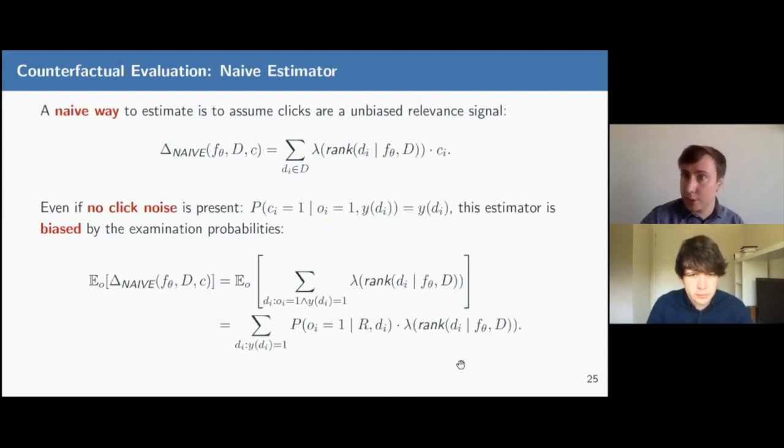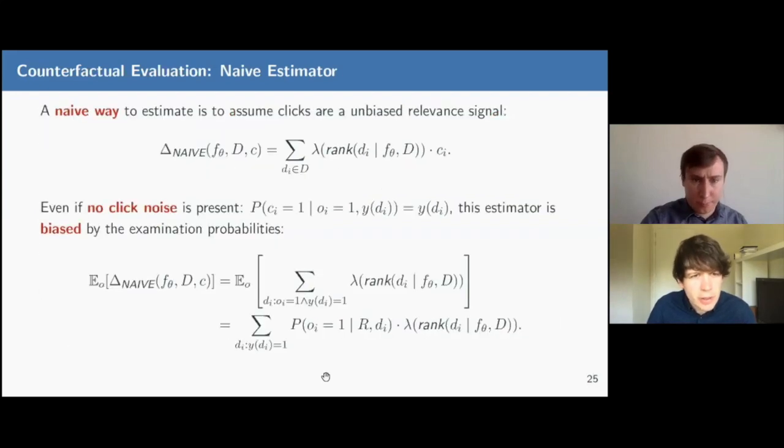So that's good, that's in the end what we want. But we have this extra term, this examination probability, and that's the thing that's biasing this estimate. Ideally, we want to not have this examination probability in this equation. Then we would have an unbiased estimator. But clearly, this probability appears because we're assuming that users behave in that particular way.